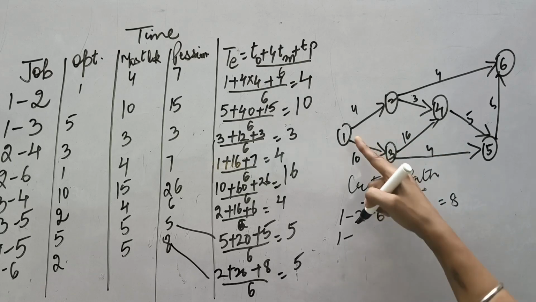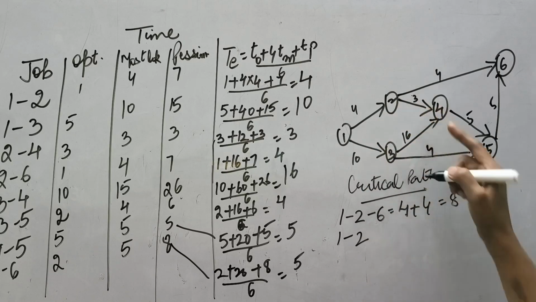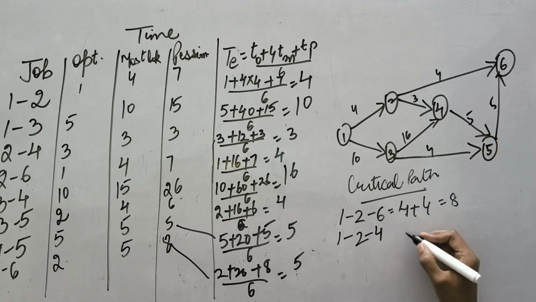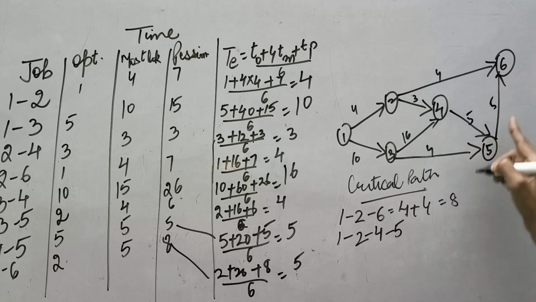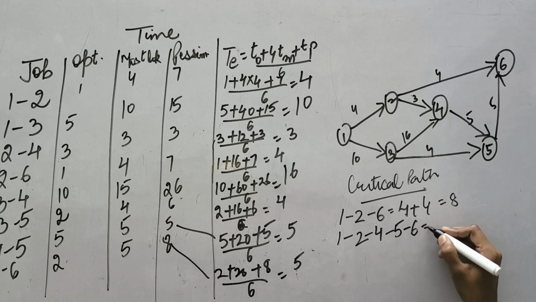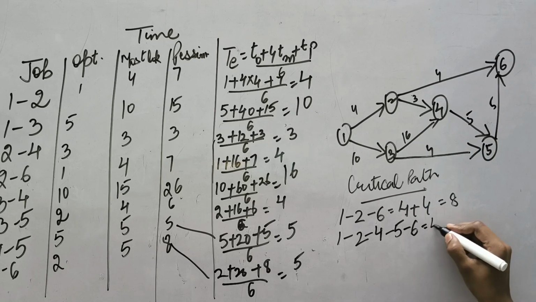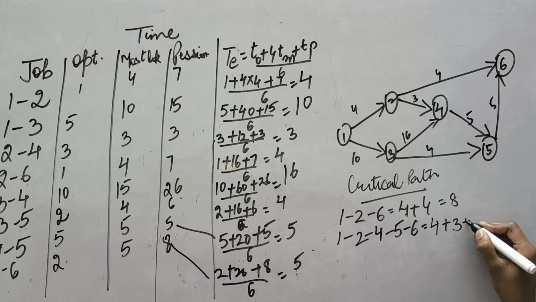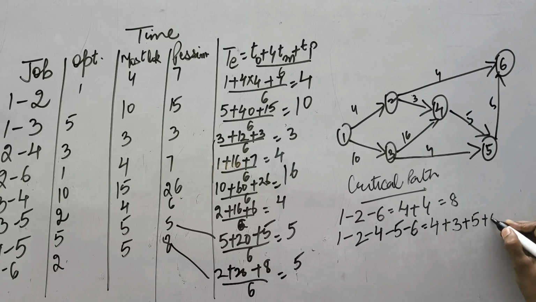Again the second path can be 1 to 2, 2 to 4, 4 to 5 and 5 to 6. This will become the second path. So 1 to 2, 4 days, 2 to 4, 3 days, 4 to 5, 5 days and 5 to 6 again 5 days.